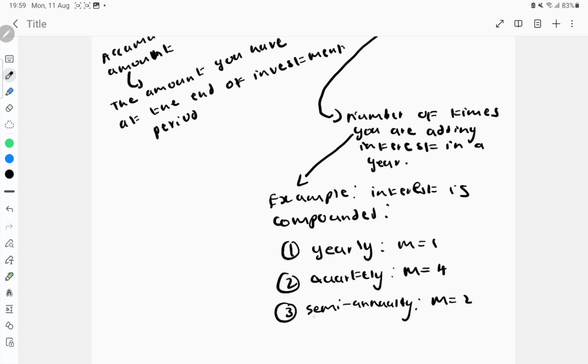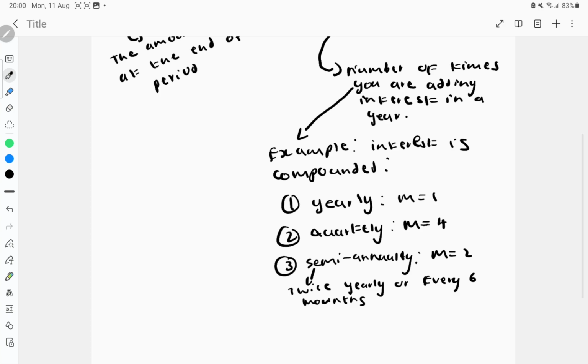So for semi-annually, they can also say twice yearly or every 6 months. So you should ask yourself, how many groups of 6 months do you have in a year, which is 2. They can also say interest is compounded monthly, in which your m would be 12, because we have 12 months in a year.